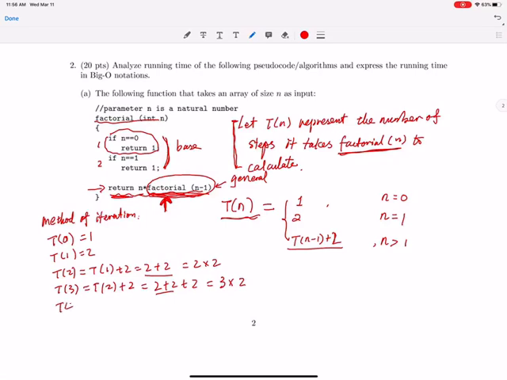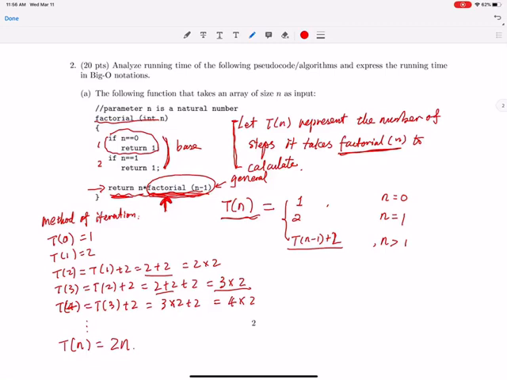So let's do one more until we are clear about the pattern. All right, t sub 4 is t sub 3 plus 2, so 3 times 2 plus 2. So that is 4 times 2. So it seems pretty clear now, right? So you can guess, t sub n seems to be 2n.